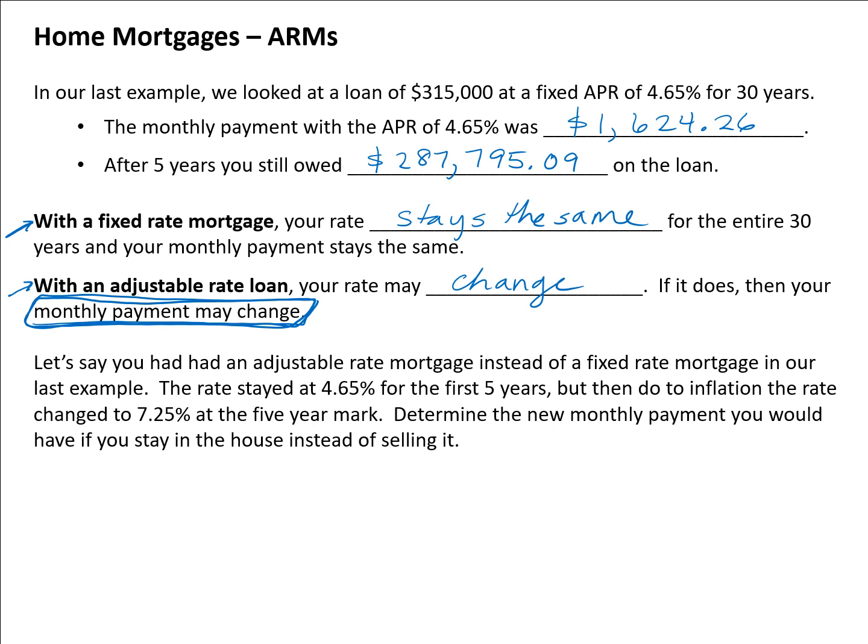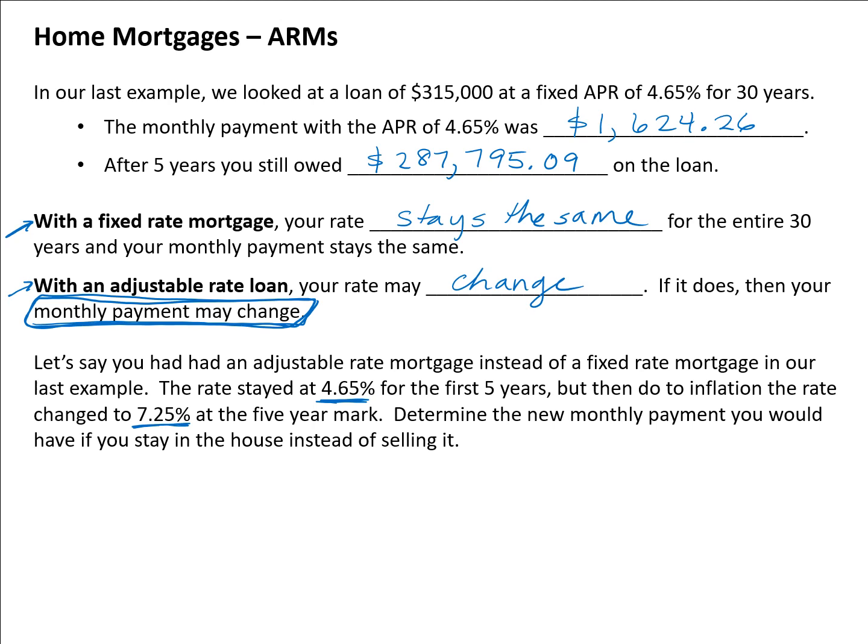Let's say that you did have an adjustable rate mortgage instead of a fixed rate mortgage in our last example, and that the rate stayed at 4.65% for the first years, but then due to inflation, the rate changed to 7.25% at the 5-year mark. Let's determine the new monthly payment you would have if you stay in the house instead of selling it.